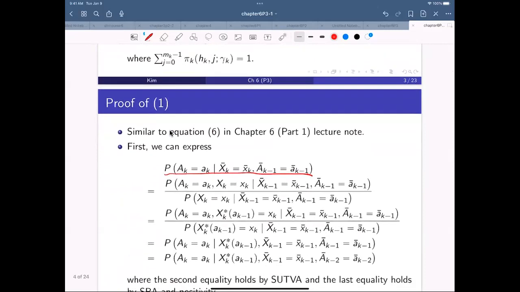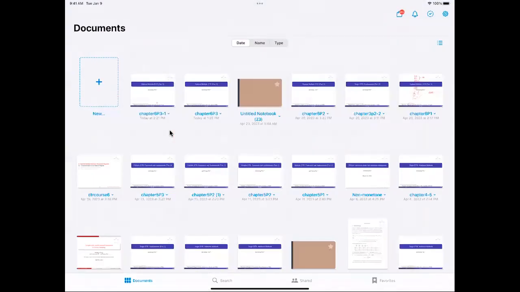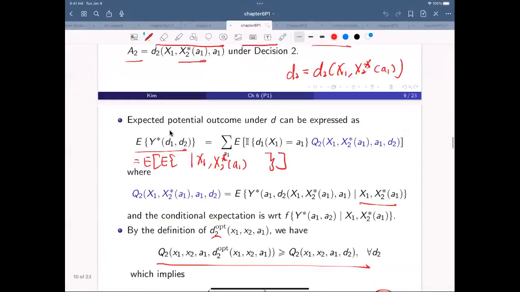We have exactly the same structure of proof that we showed before, right? If you recall this proof, let's quickly check it: chapter 6, part 1, equation 6. What is equation 6?